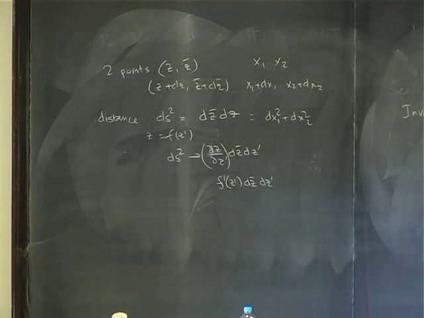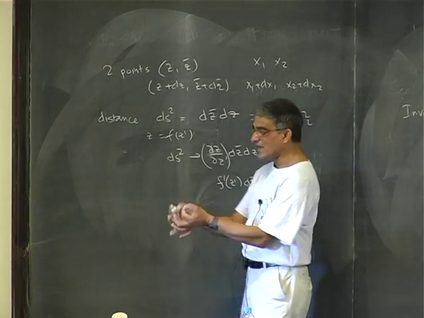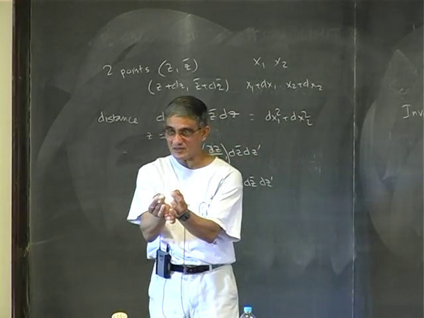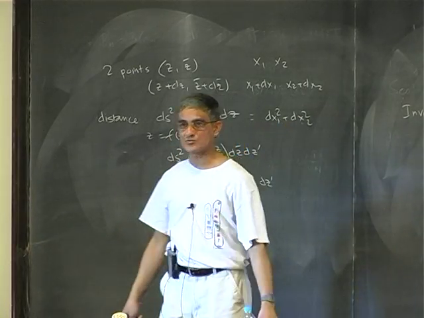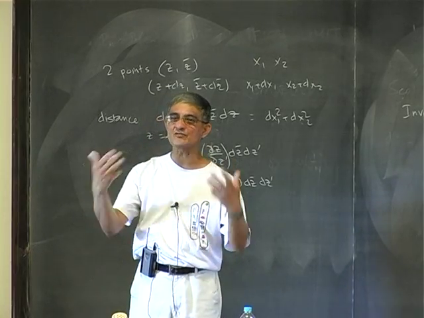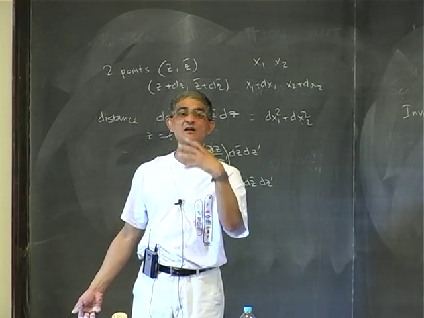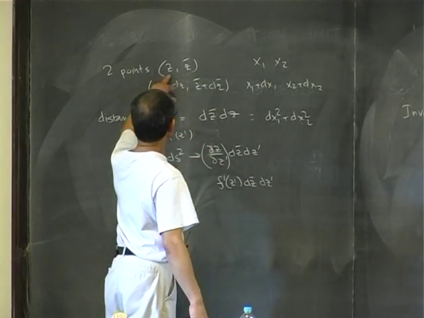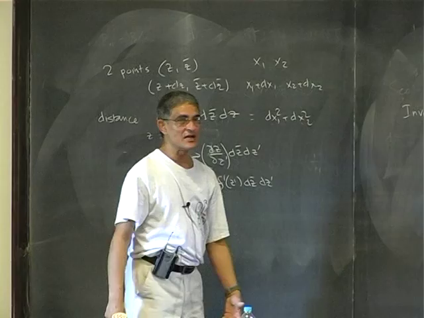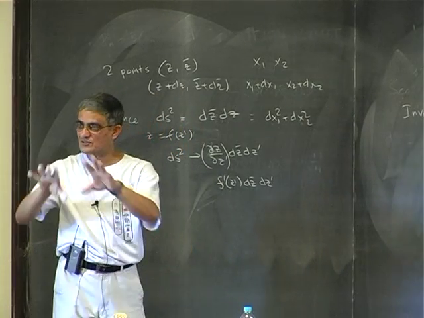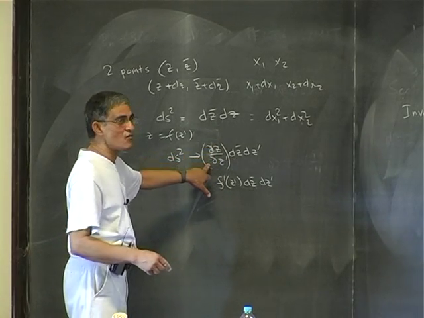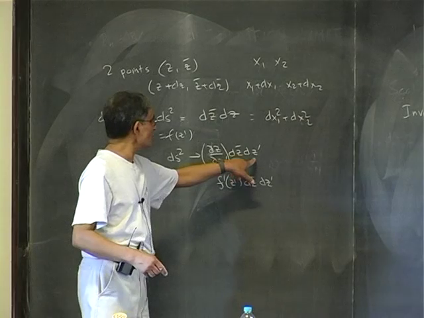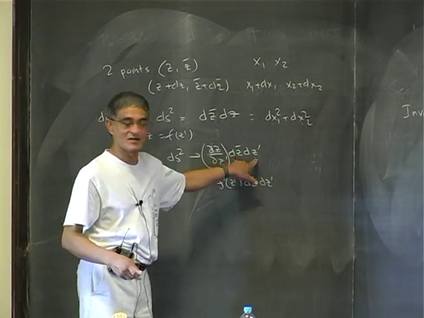So what these transformations do in 2 dimensions is it takes this invariant distance, the invariant under rotations of the 2-dimensional space, which is given by dx1 square plus dx2 square. I made a coordinate transformation of x1 and x2 of a very special form, which can be written as z going to any function of z, and the only effect of that on this invariant thing is that it brought down an overall factor in front of the new coordinate z prime and dz bar.